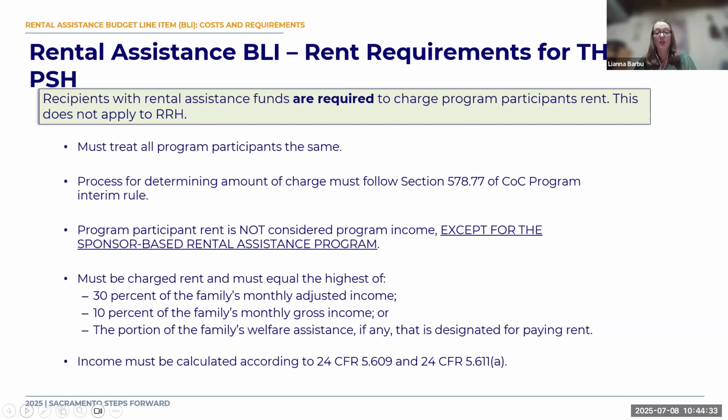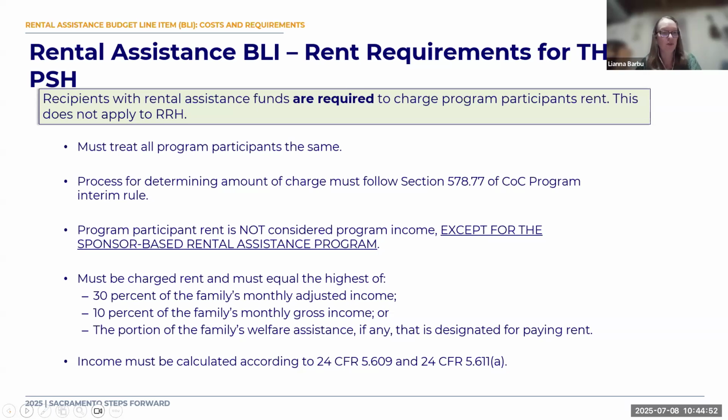So again, similar to the leasing funded project, participants must be charged rent, and it will be either 30% of the family's adjusted monthly income or 10% of a family's gross monthly income, whichever is the highest.